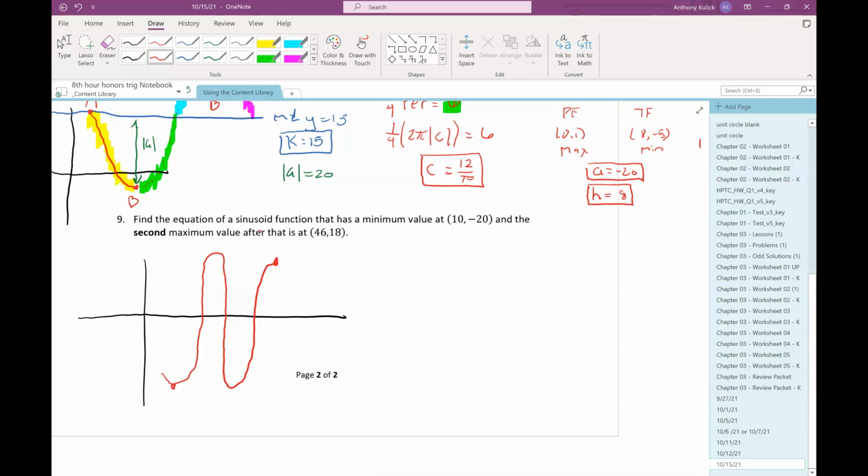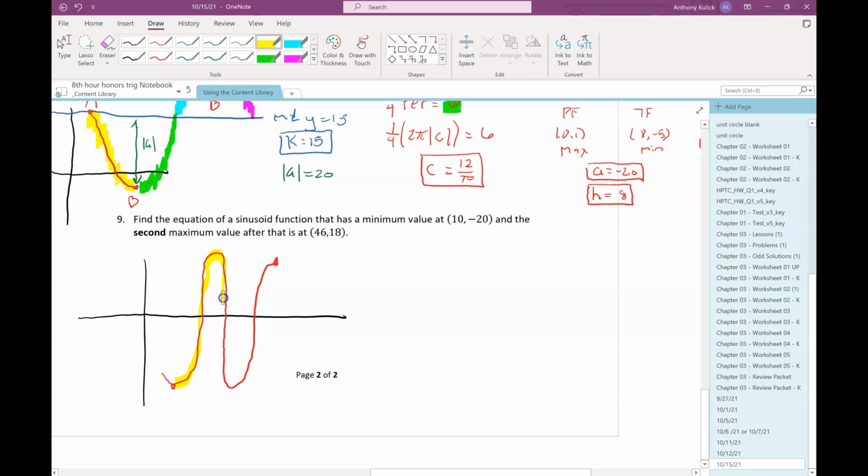Does that feel okay there? Yeah. That matches what the picture is describing, right? I have a minimum, and then the second maximum after that is my other point. So I'm going to count and see how much of a period I have here.